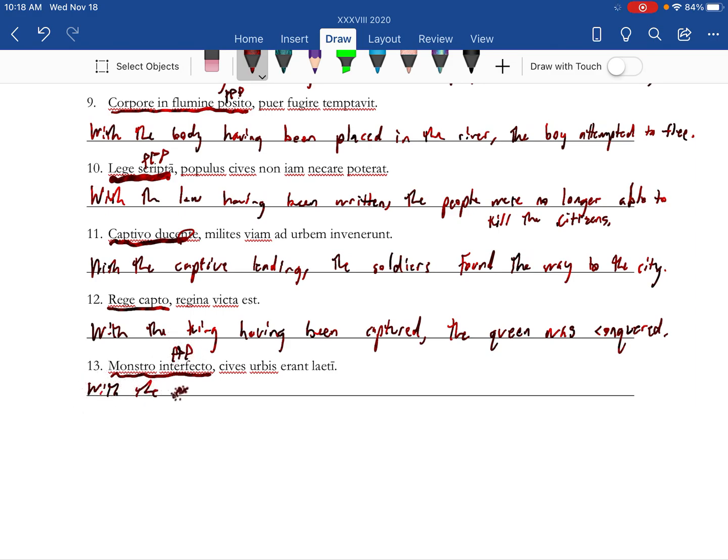With the monster having been killed, the citizens of the city were happy.